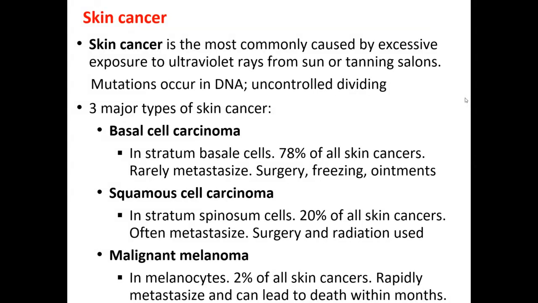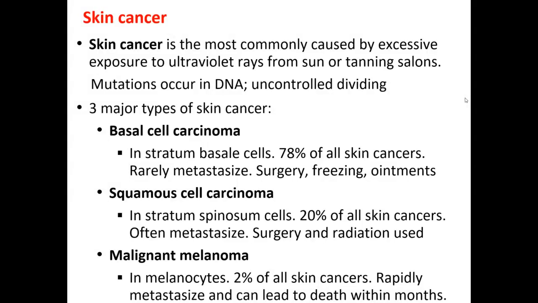Squamous cell, these are not as common, but they're more dangerous. They often spread. So that's in the stratum spinosum cells, the layer right above the stratum basale. And then the worst is a malignant melanoma. Only 2% of skin cancers, but they're the most dangerous.